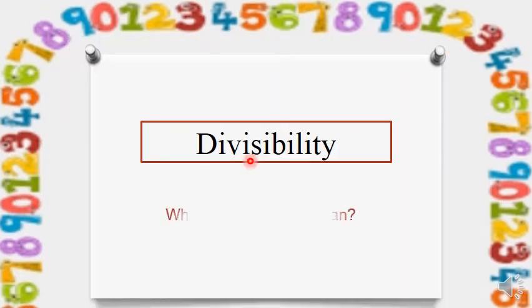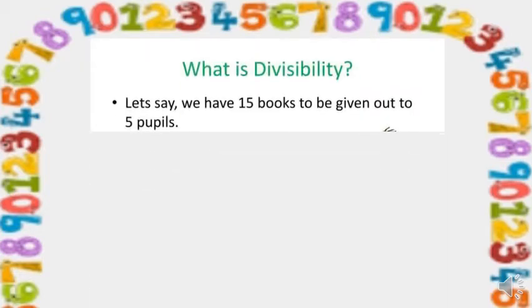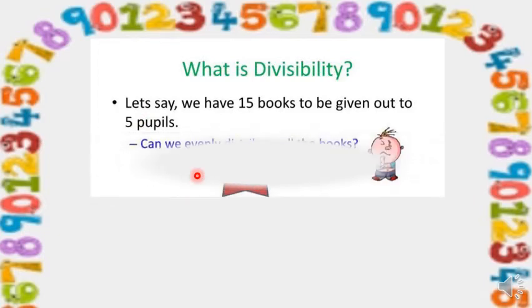Divisibility. What exactly does it mean? Because we are going to talk about the divisibility rules. What is divisibility? Let's say we have 15 books and I want to distribute these 15 books over 5 students. Can I distribute them? Yes.